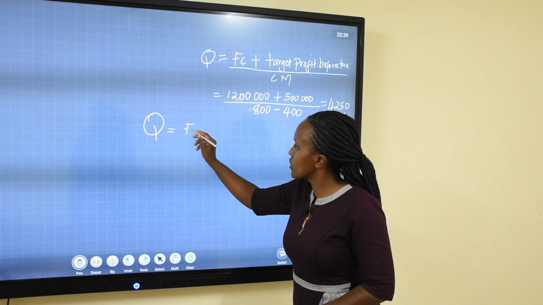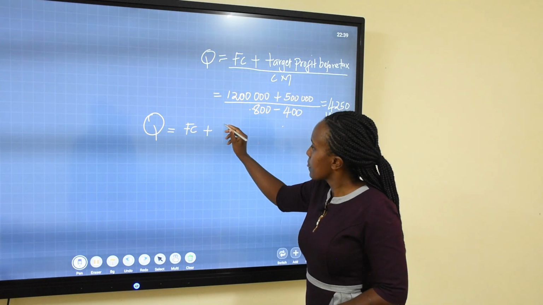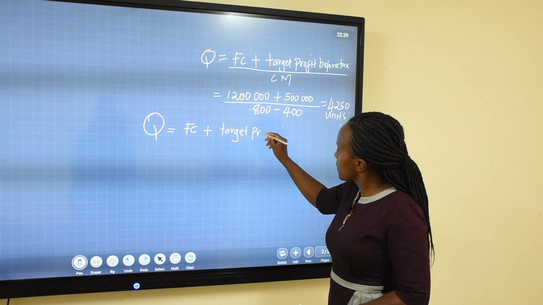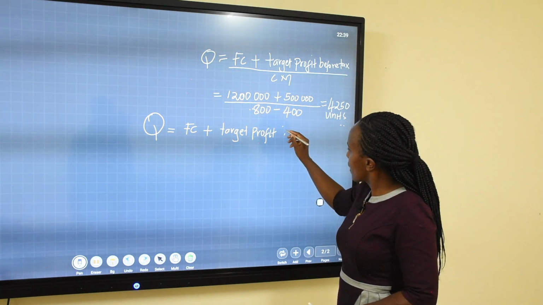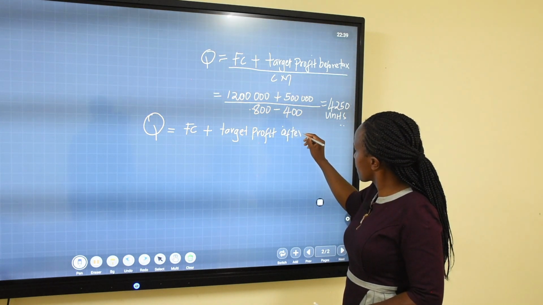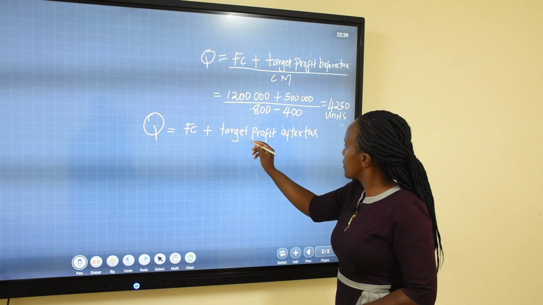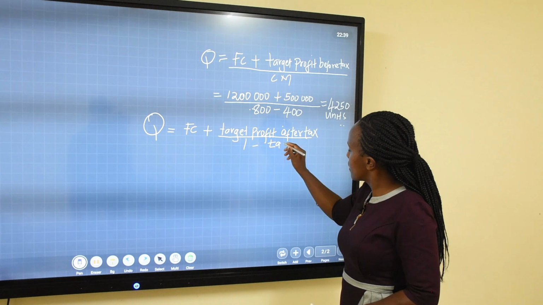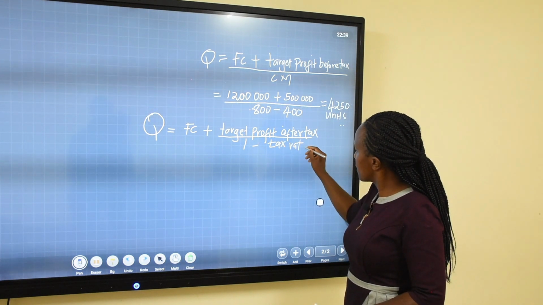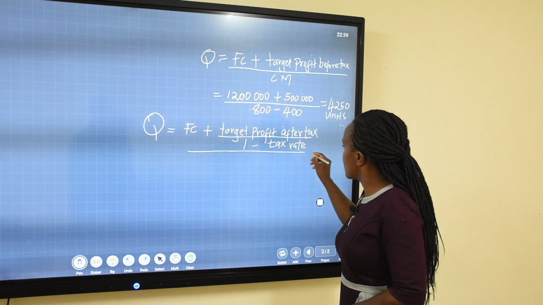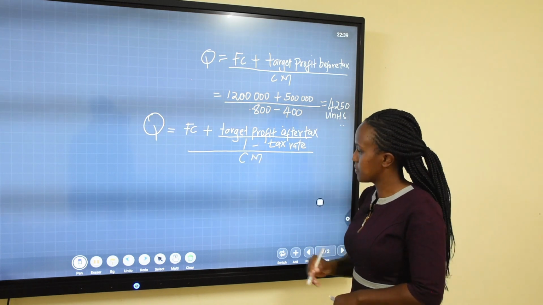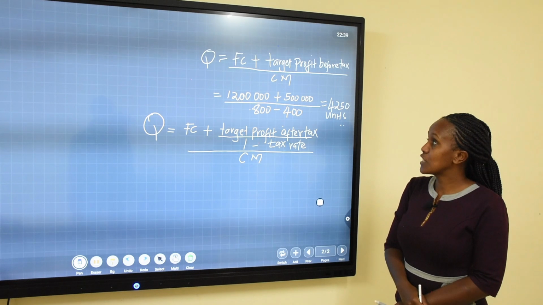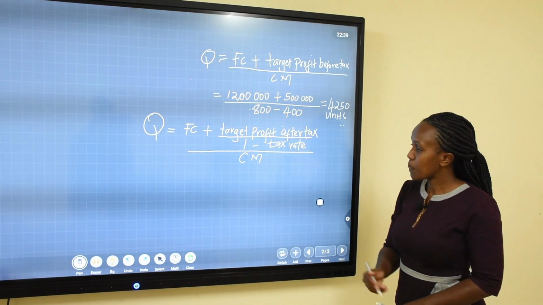We are saying it is fixed cost plus target profit after tax, then you say 1 minus tax rate, over contribution margin. So we are going to again put our figures from our question.